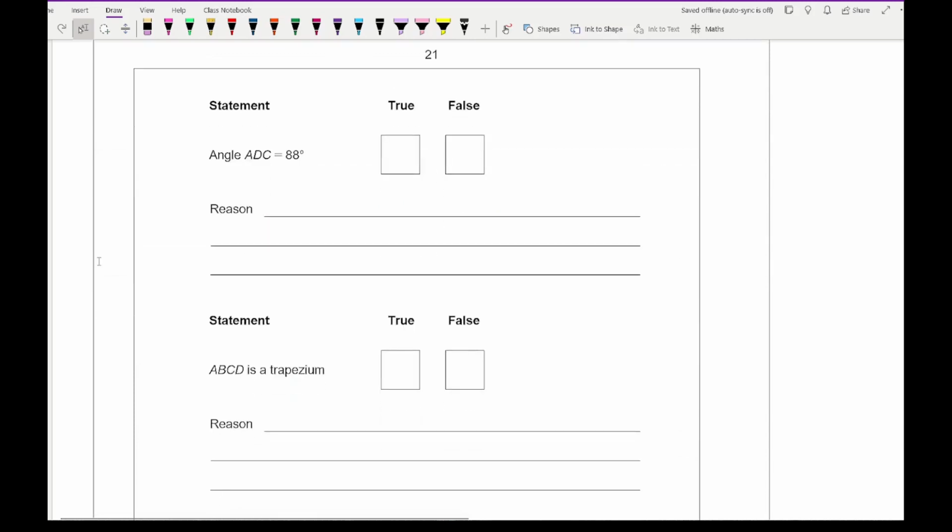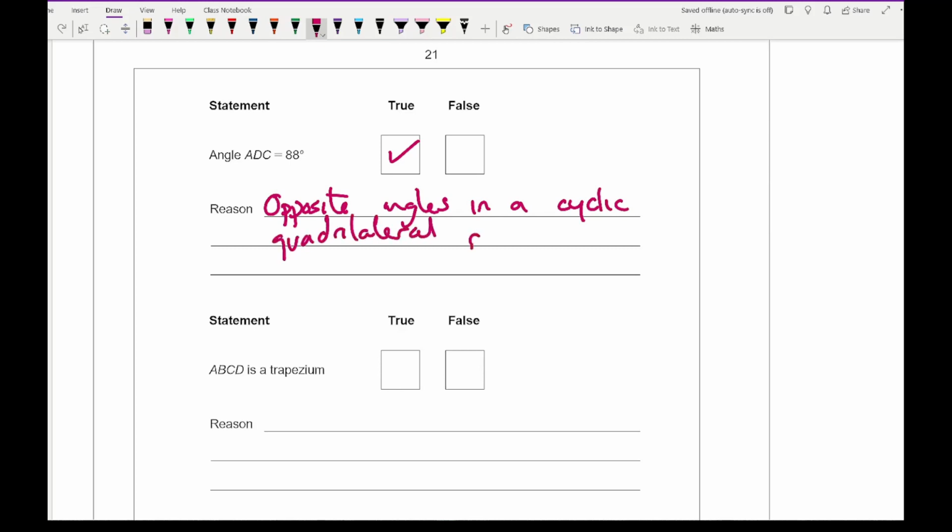Then looking at the next statement, angle ADC equals 88. Well, that is true, and the reason for that is because opposite angles in a cyclic quadrilateral add up to 180 degrees.